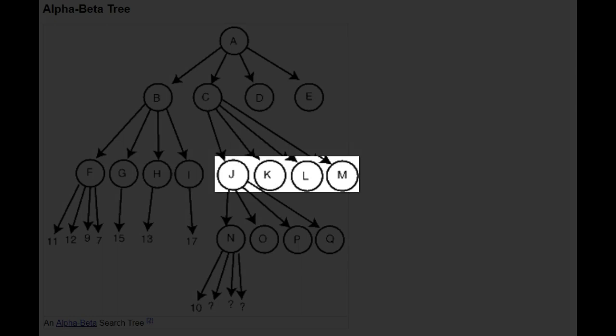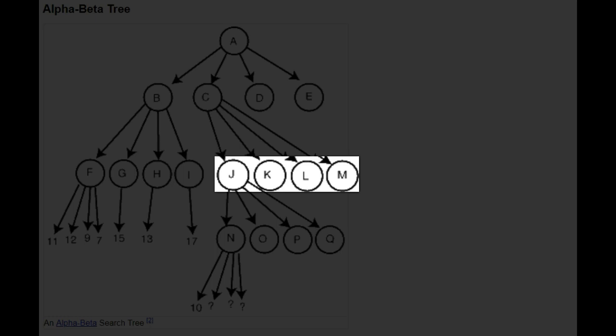The children of C are called all nodes, and if everything goes as expected, we will only examine J, because C will be beta cut off. So J will not be cut off. That means J will search through all its moves, JN, JO, JP, and JQ.